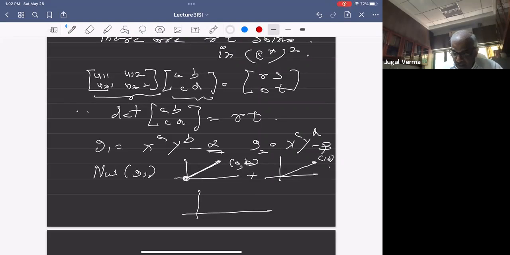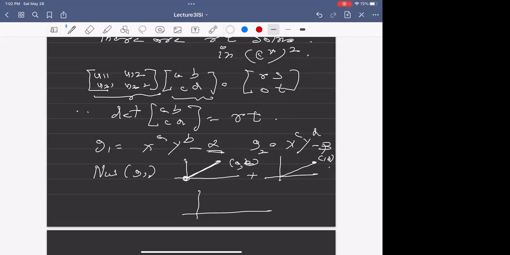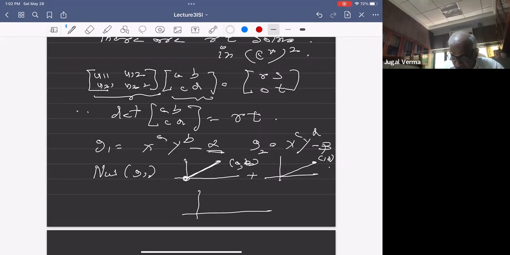It is not a line segment. We have seen when you took a line segment along the x-axis and along the y-axis, we got a square. So it will be a parallelogram, like this.